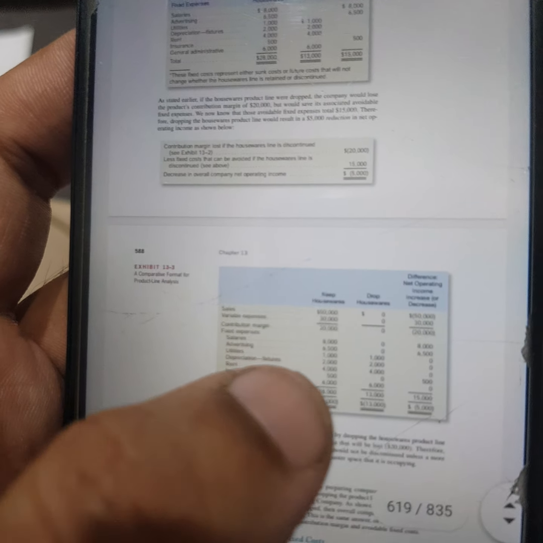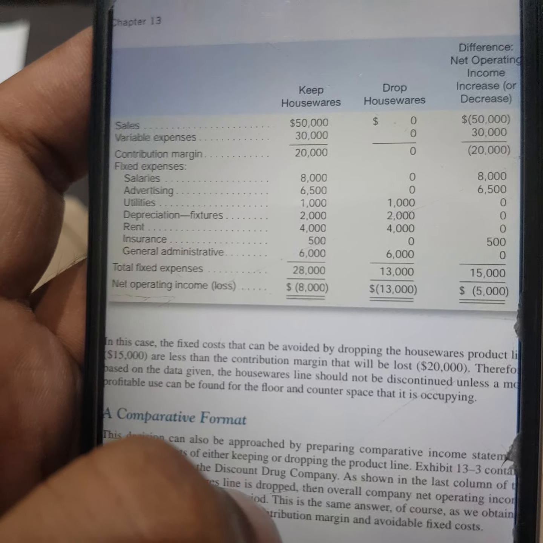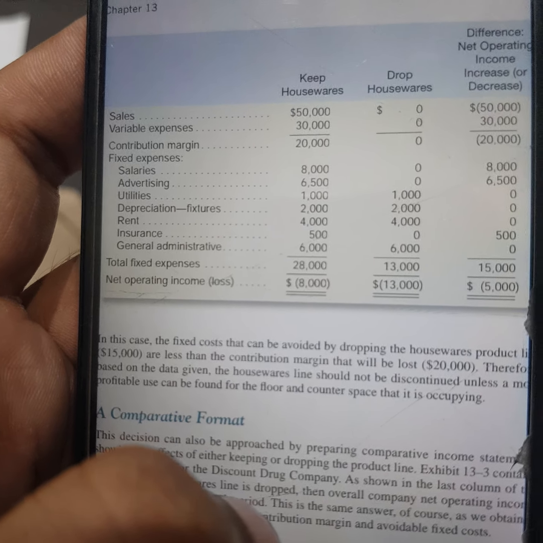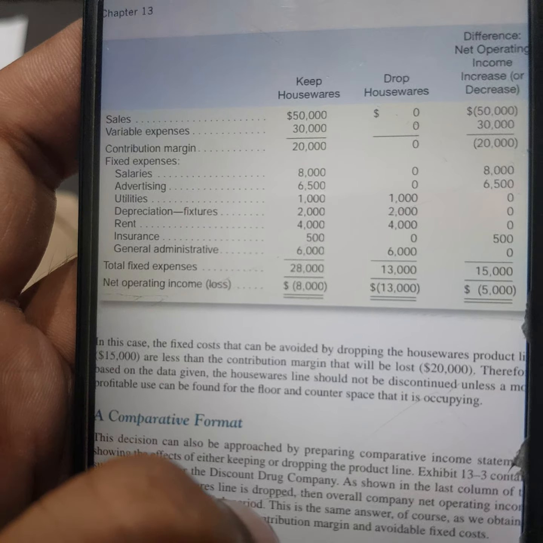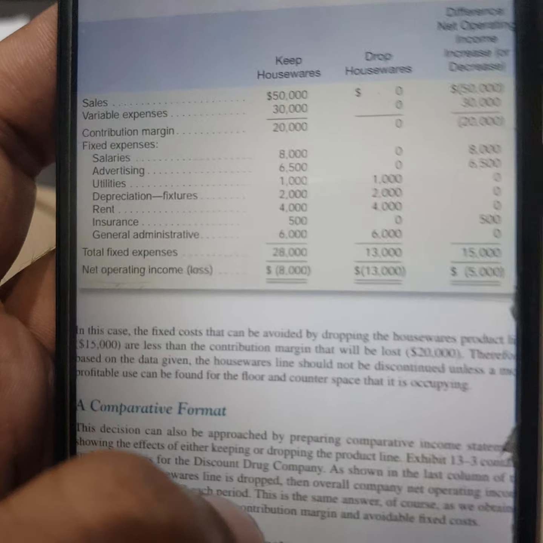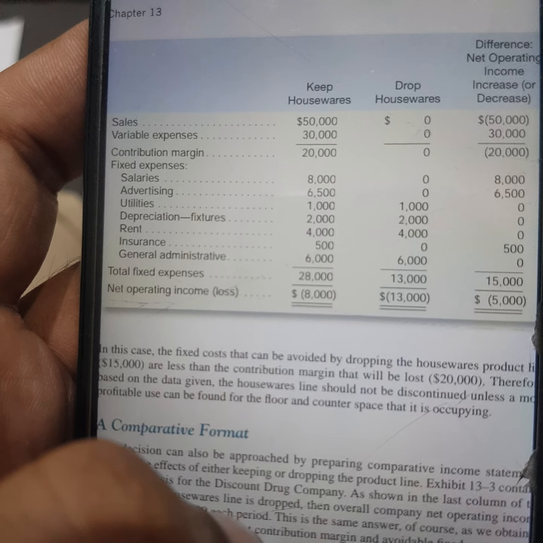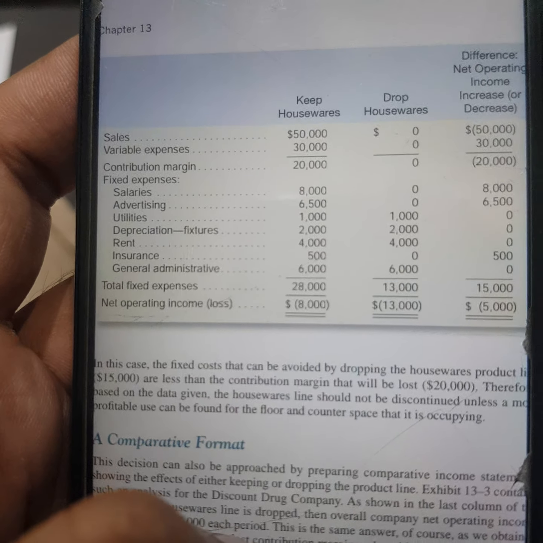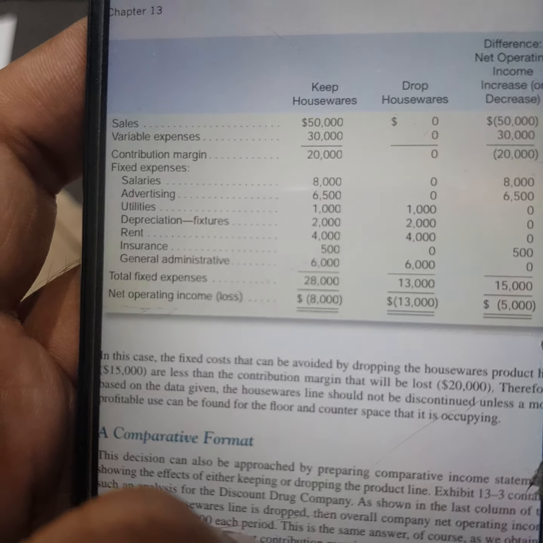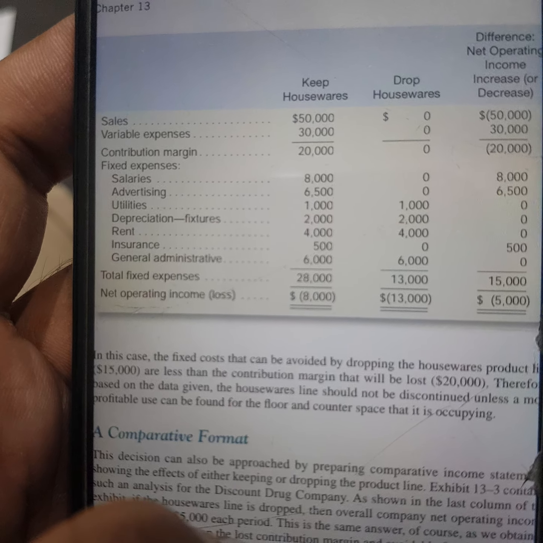The loss declined by 3,000 rupees, as it was 8,000 when we didn't remove our unavoidable costs, because utilities, depreciation, rent, and general administrative expenses are unavoidable expenses that cannot be avoided.